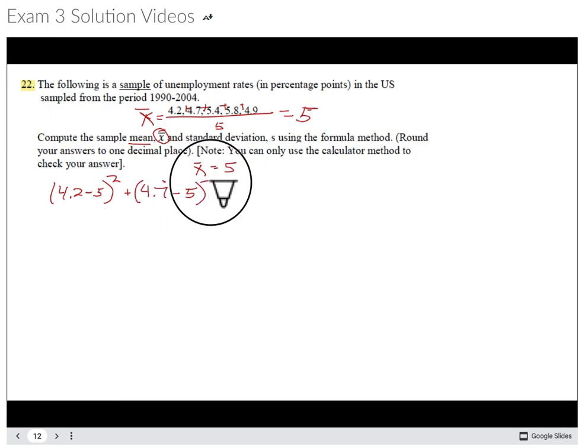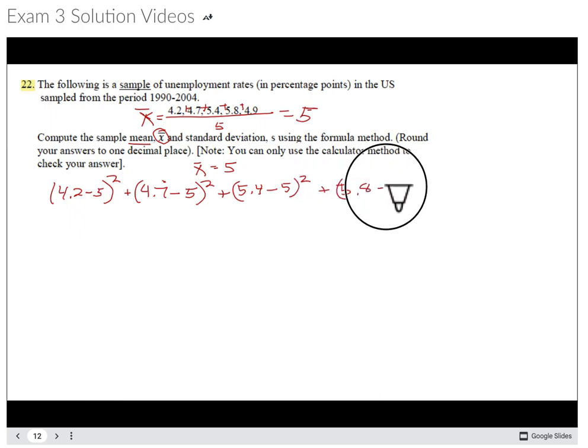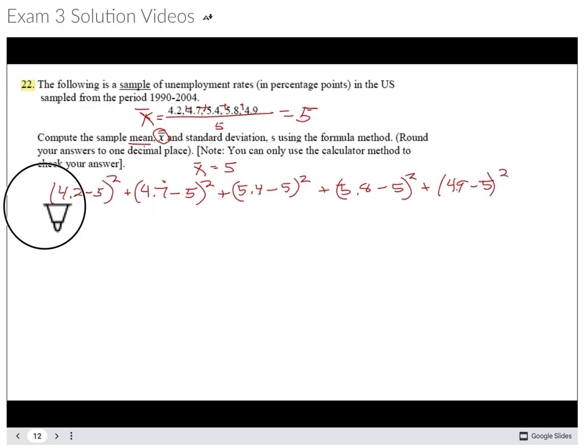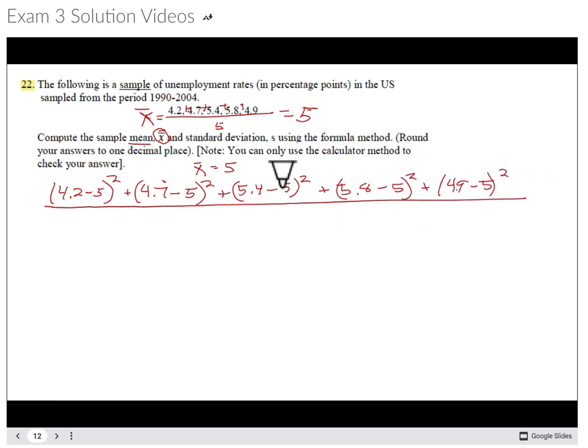These will be negative, but when we square them, they become positive, so we don't just cancel everything out and get 0. 5.4 minus 5 squared plus 5.8 minus 5 squared plus 4.9 minus 5 squared. And then remember, we're going to divide all of this by however many there are. Since it's a sample, we subtract off 1 to make it more accurate.